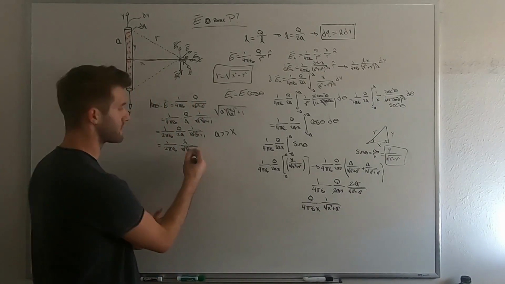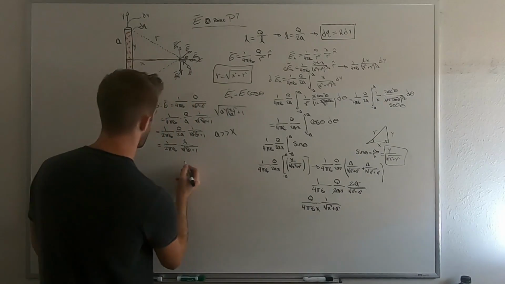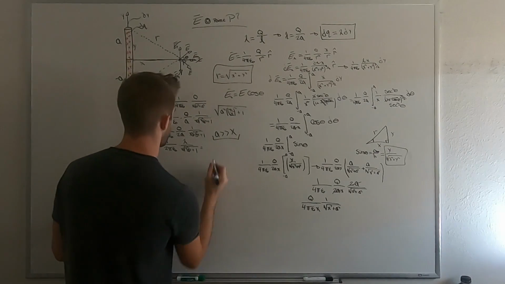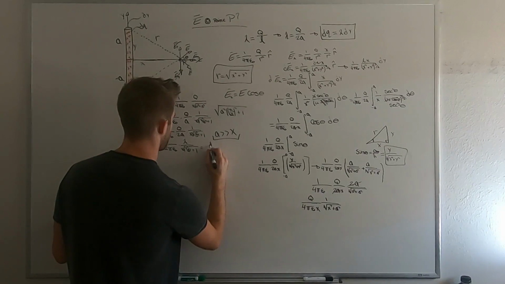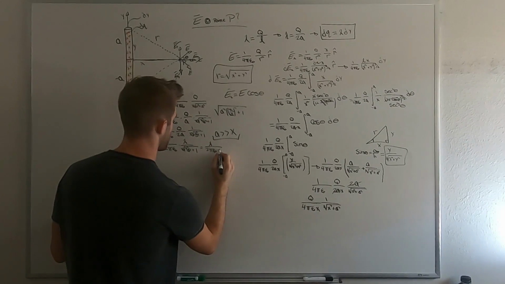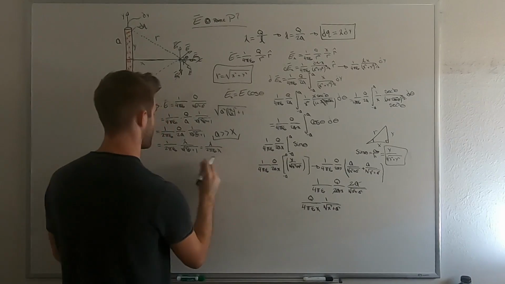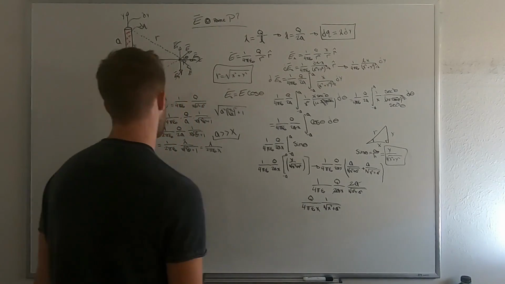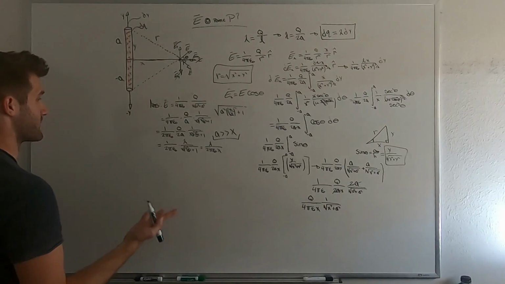So if this condition is met, we're going to have lambda over 2 pi epsilon naught times x, because that's just x times 1 at that point. So what is this telling us?